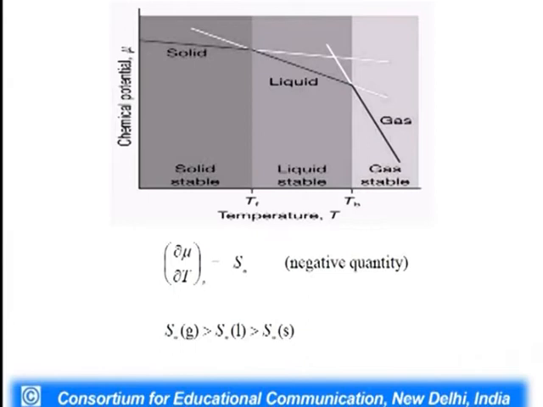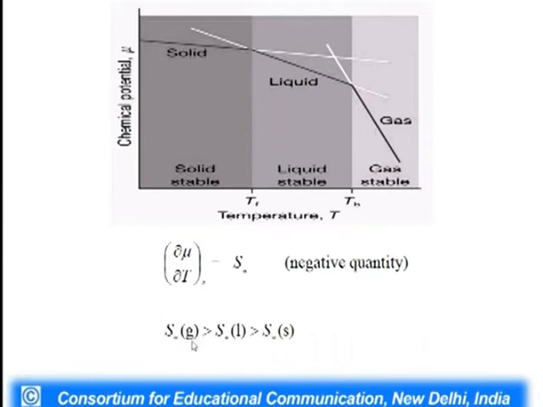But what happens when we increase the temperature? When we increase the temperature, we know that the chemical potential of each component will decrease, since this is a negative quantity, but the decrease will be more steep for gas compared to liquid and solid, since we know that the entropy of gas is always greater than the entropy of liquid, and the entropy of liquid is greater than the entropy of solid.